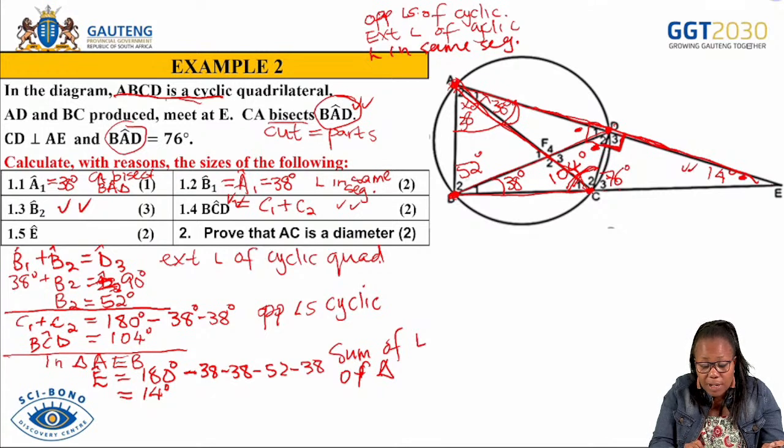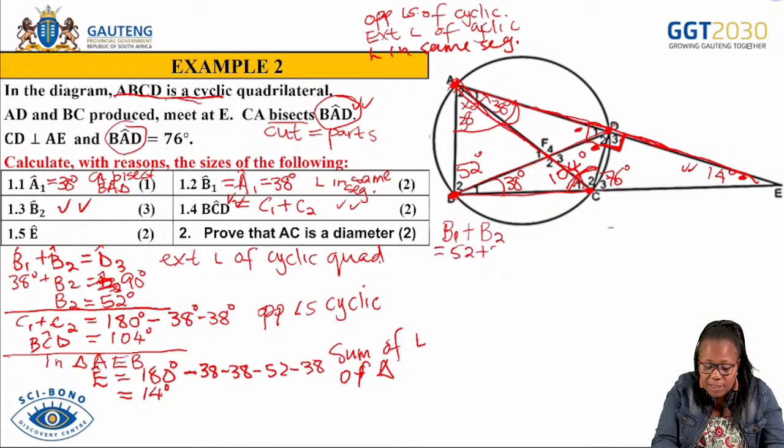And then look at B again. You can even use the B there. You say B1, let's check. B1 plus B2 will be equal to 52 plus 38. If you add the two angles, they give you 90 degrees. Therefore, line AC is a diameter.